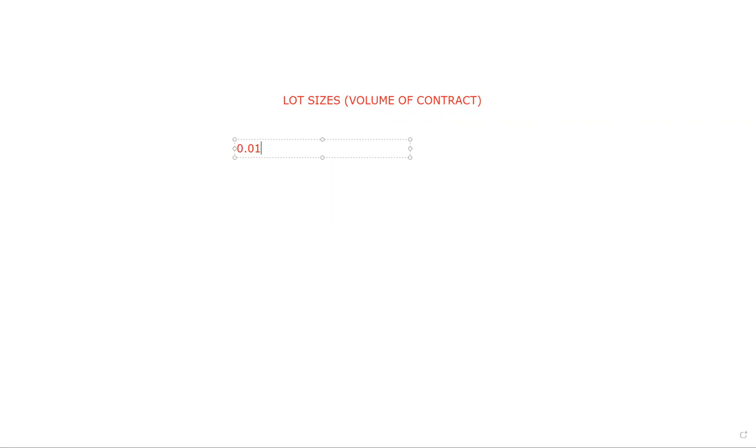So the lot size you can begin with will start from 0.01, then it goes to 0.02, 0.03, 0.04, 0.05, 0.06, 0.07, 0.08, 0.09, and then 0.10.